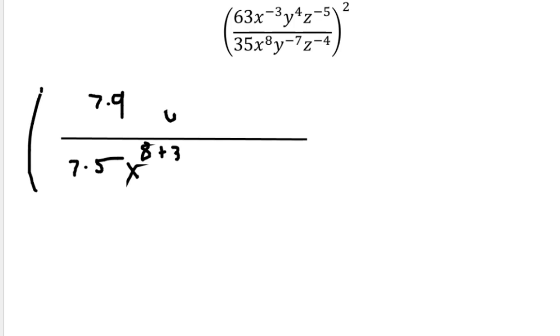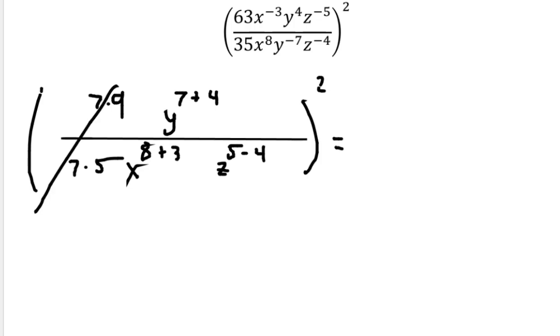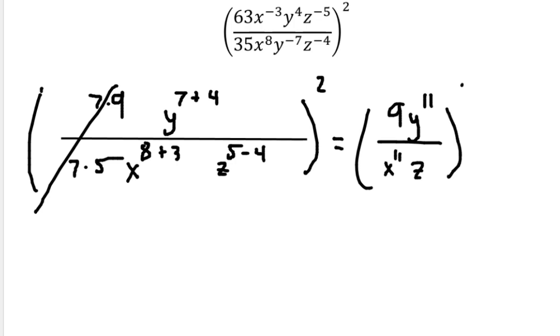And we got negative 7, so we can just move it into the numerator, leaving us with 7 plus 4. And here we can move negative 5 into the denominator with 5 minus 4. So that's going to be squared. So we got 9y raised to the 11, and we got x raised to the 11. We get c. And we still have squared.